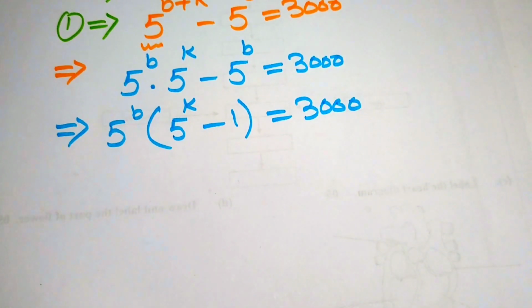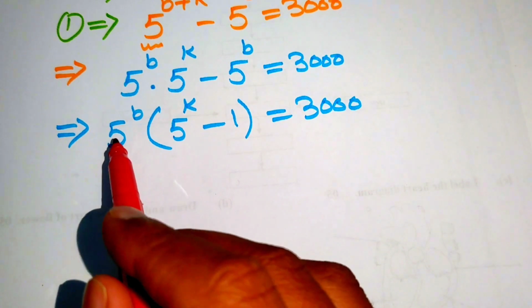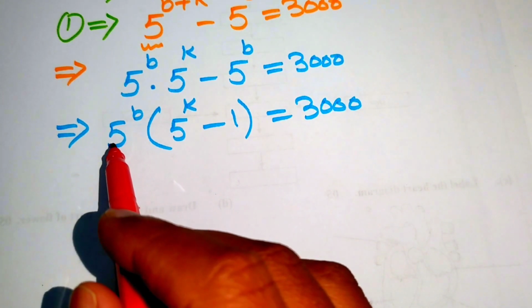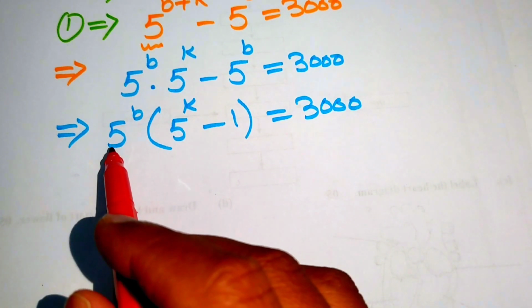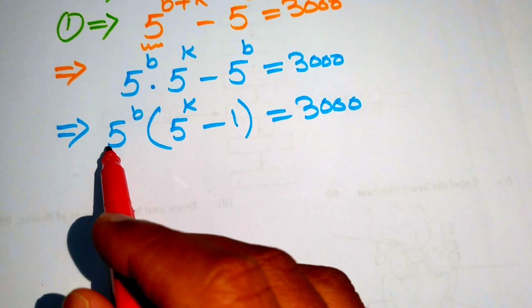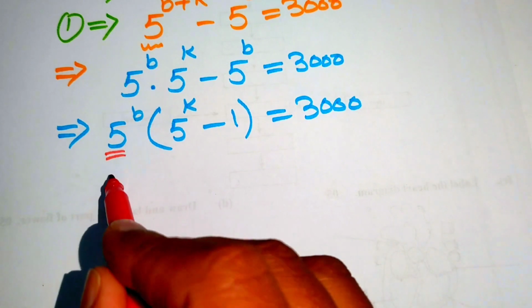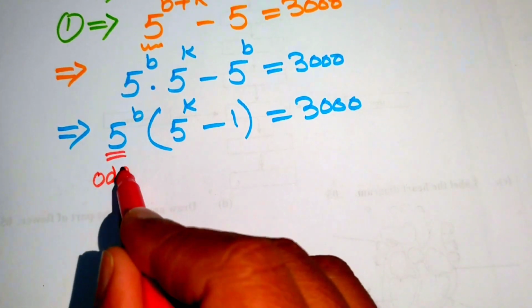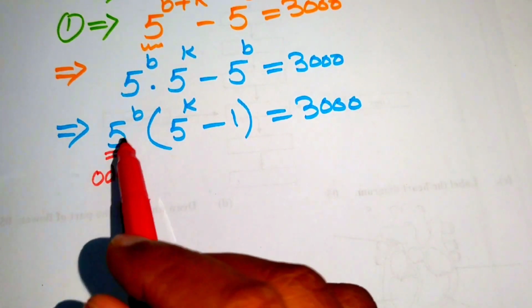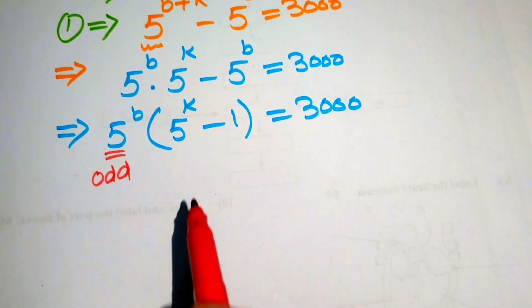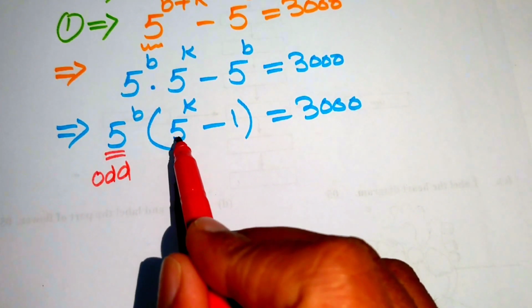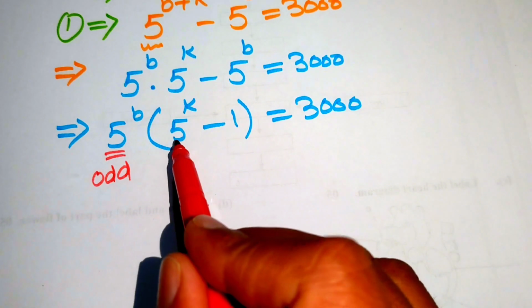And now in the next step, you see here we have 5 to the power of b, and we know that because our base is 5 and 5 is an odd number, if you take any power of an odd number, it will also be an odd number. So we can say that 5 to the power of b is an odd number. Similarly, 5 to the power of k is also odd, since 5 is odd.